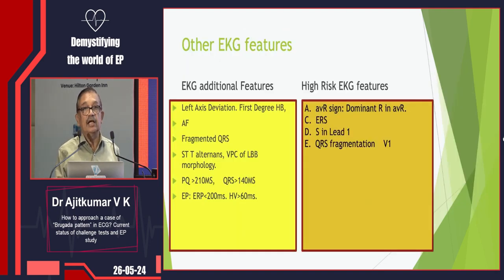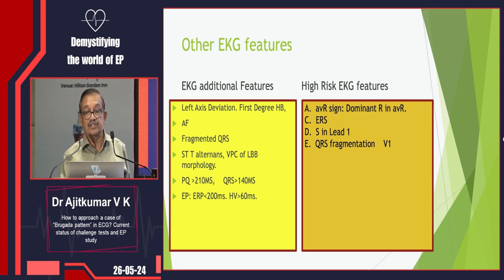Now, what are the other electrocardiographic features that you should look for when you are looking at a Brugada ECG? You should look for left axis deviation, first degree heart block, presence of atrial fibrillation or flutter, fragmented QRS, STT alternans, VPC of left bundle branch morphology, and if you have a PR interval of more than 210 milliseconds, a QRS of more than 140 milliseconds, and if you do an EP study, an ERP of less than 200 milliseconds and HV of 60 milliseconds.